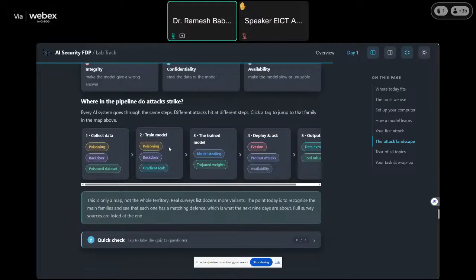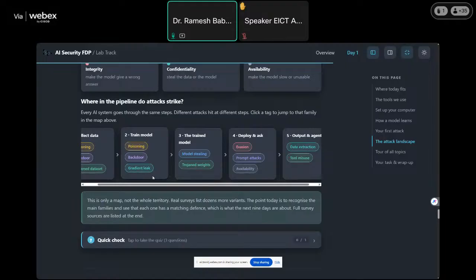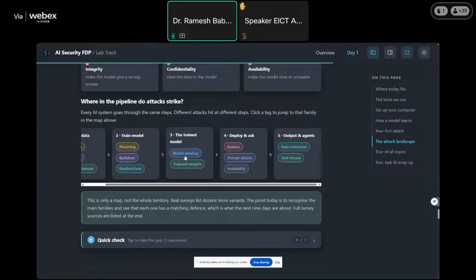In the training of the model, you can introduce attacks like gradient leak attack. When you have a trained model, you can have model stealing or Trojan weights attacks. At the time of deployment and inference, you can have vision attacks, prompt attacks, availability attacks, and at the time of output and agentic systems, you can have tool misuse and data extraction attacks.